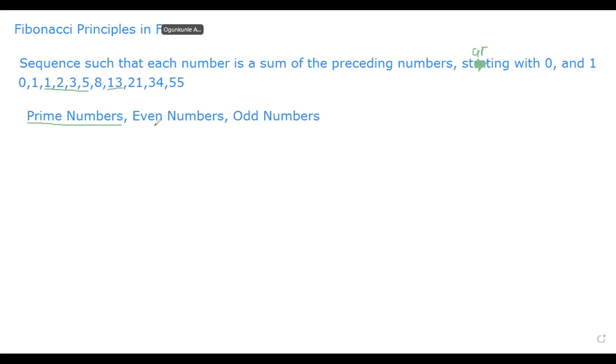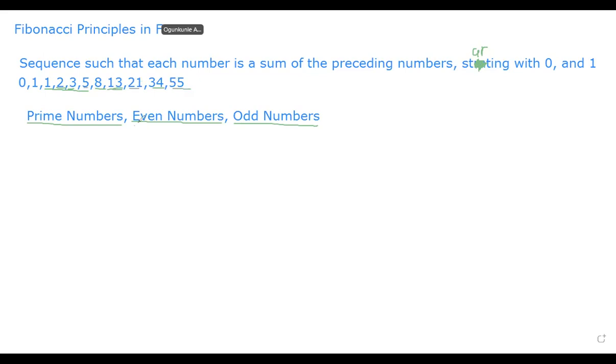And then at the same time, we also have an infusion of even numbers. We have 2, we have 8, we have 34. And then we have an infusion of odd numbers, which are numbers that cannot be divisible by 2. So we have numbers such as 3, 5, 13, 21, 55 as odd numbers.